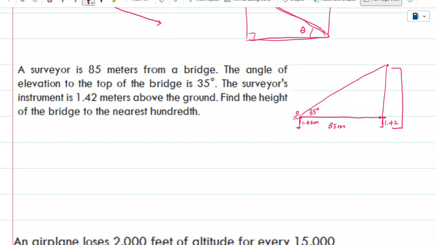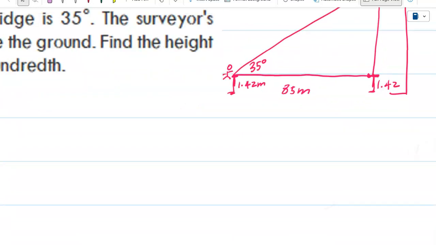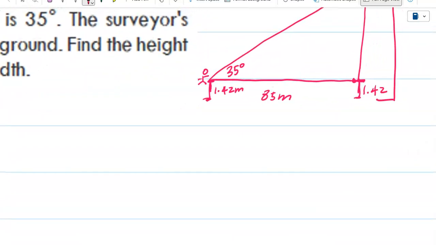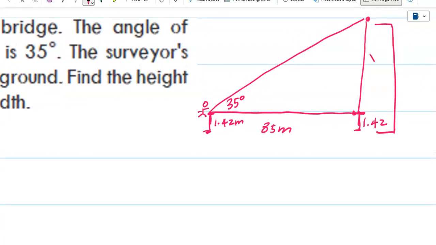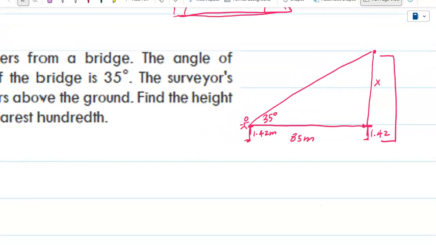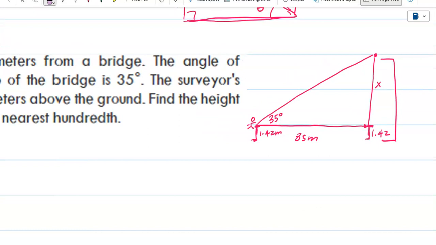So the angle of elevation is only going to take into account this height right here, because using that angle of elevation, you can find x, but you need a little bit more. You need the 1.42, because apparently he's using an instrument that's pretty tall.